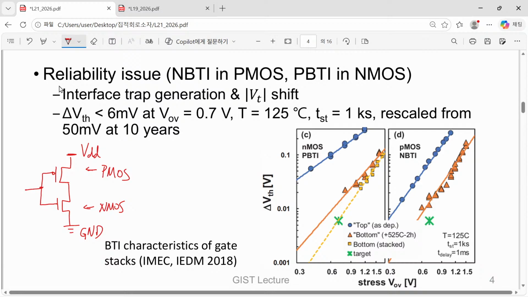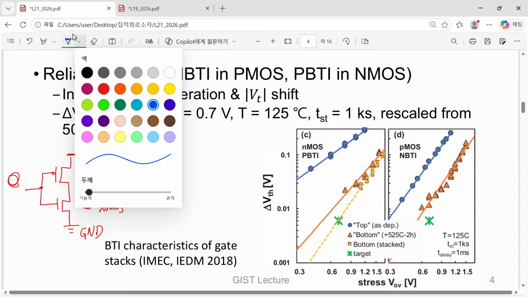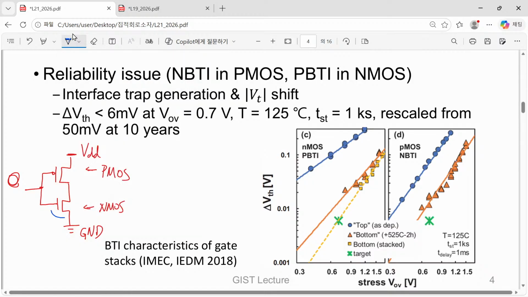So let me consider two cases. Once we apply logical 0 to our input value, then what will happen? Our N MOSFET is turned off, because we have 0 VGS, so this one becomes off. Instead, now we have minus VDD in the P MOSFET VGS value. So this one becomes on.